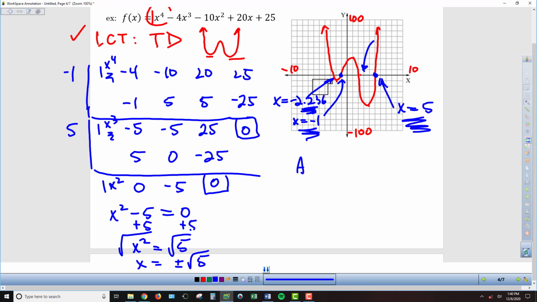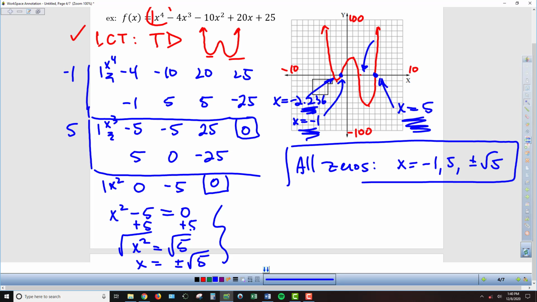So altogether, all of my zeros on this problem are x equals, I've got the two integer zeros that I observed from the graph, -1 and 5, and then we've got the plus or minus root 5 that we got after using synthetic division and our quadratic techniques over here. So we've got our 4 zeros for this polynomial function.